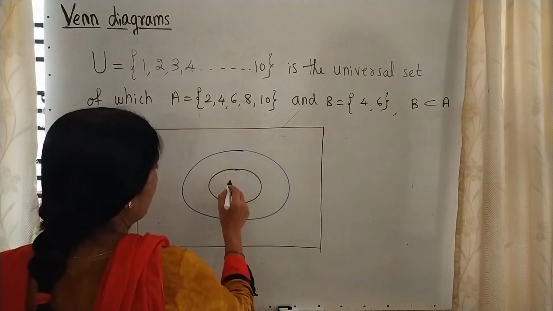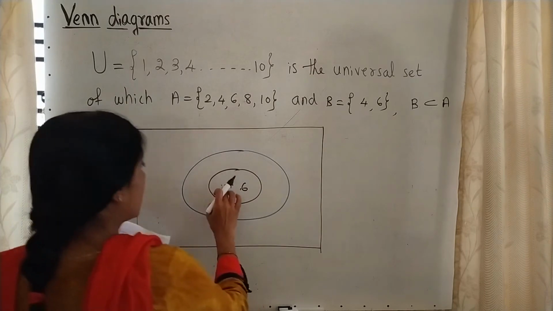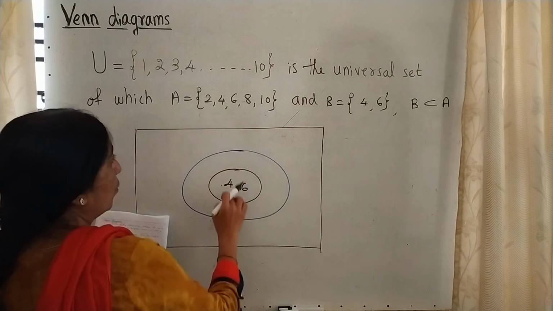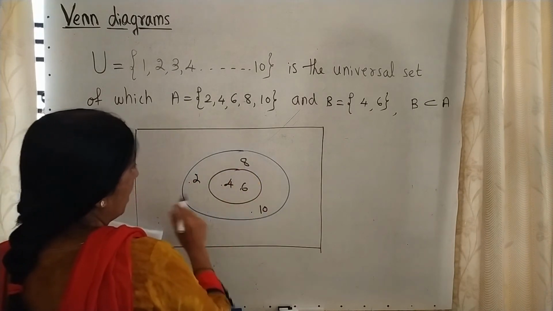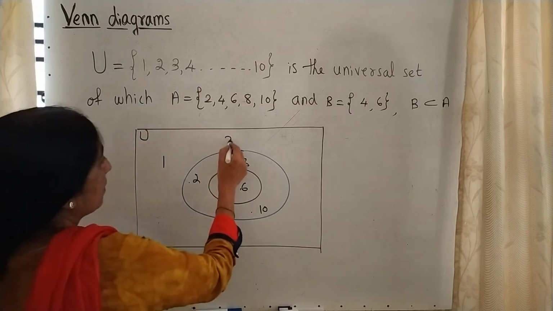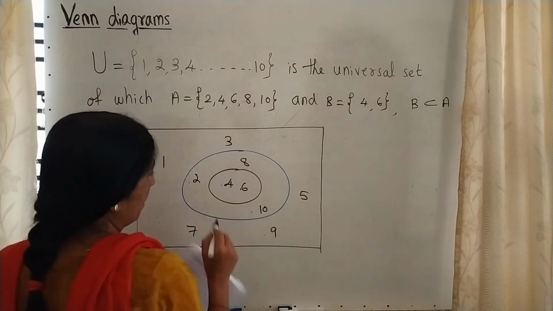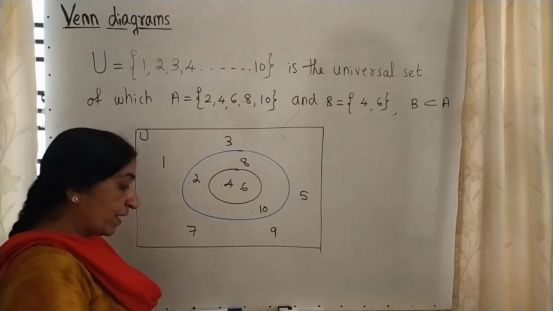In set B we have 4 and 6. That means they are present in both B as well as A. Then 4 and 6 we already wrote, so we only have to write 2, 8, 10. And outside, in the universal set, what do we have to write? 1, 3, 5, 7, 9. Understood? Like this we have to represent the sets in the Venn diagram.